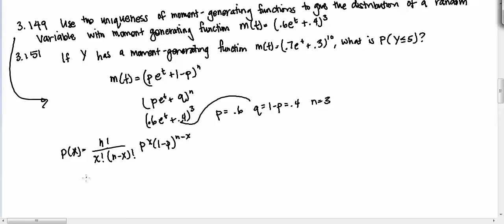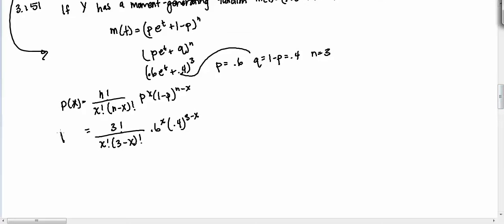Plugging those numbers in, I have 3 factorial over x factorial times (3 minus x) factorial, 0.6 to the x power, 0.4 to the 3 minus x. And for whatever probability you're trying to find, this is the equation to use, with n equal to 3 and p equal to 0.6.